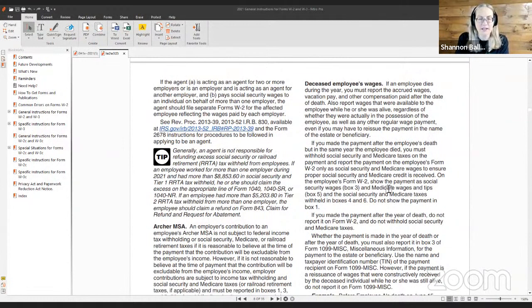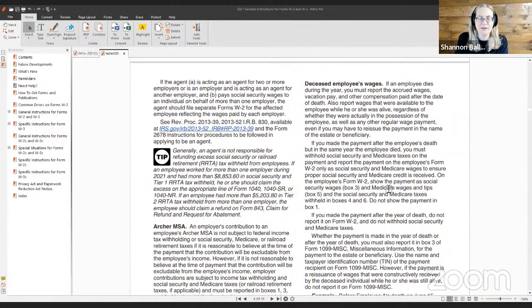Tip: generally, an agent is not responsible for refunding excess Social Security or railroad retirement tax withheld from employees. If an employee worked for more than one employer during 2021 and had more than $8,853.60 in Social Security and Tier 1 RRTA tax withheld, he or she should claim the excess on the appropriate line of Form 1040, 1040-SR, or 1040-NR.